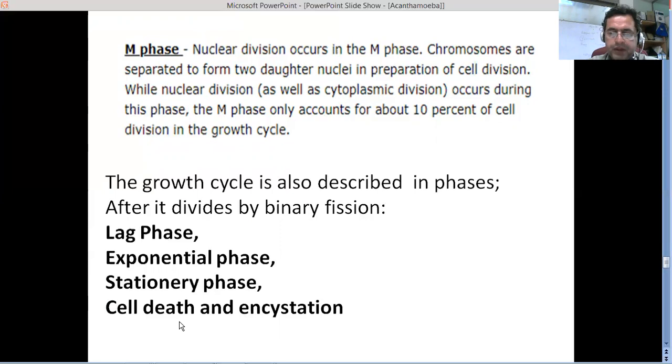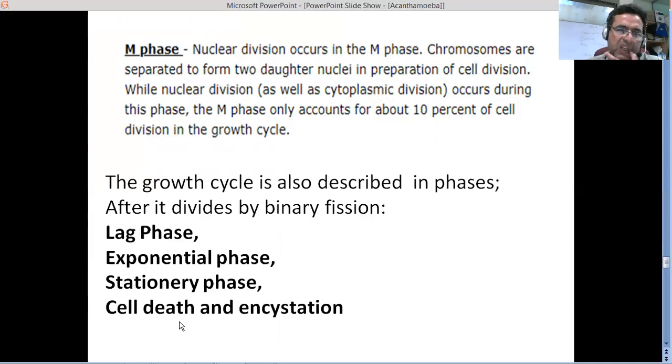As a result of depleted nutrients and high levels of toxins, the cells start to die or form cysts to ensure their survival. So cyst formation allows the cells to survive in various extreme conditions by remaining dormant until environmental conditions improve.